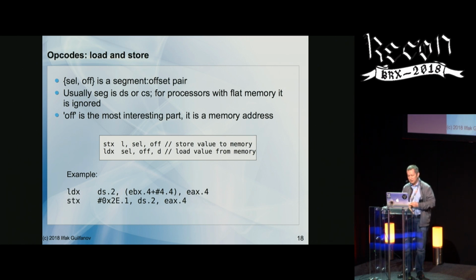The segment part is usually discarded for flat memory. That's what happens now, but this can be used in the future if you have different types of memory and you want to distinguish somehow. So we have the provision for that, but currently it's not really used.